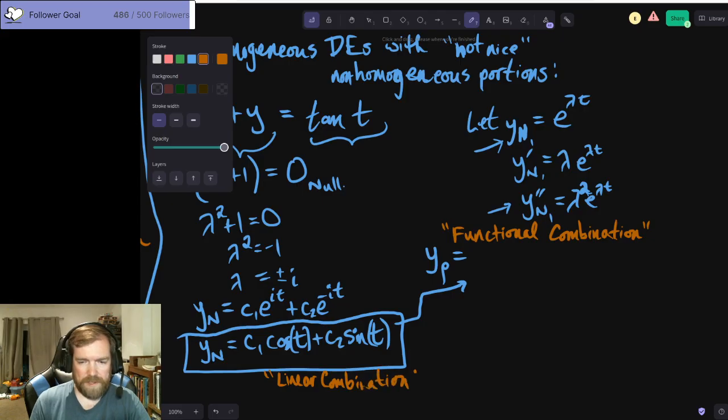All right, now that is an appropriate term. Functional combination is, like I said, just some Frankenstein term that I cobbled together. So I have no idea if it's actually appropriate, but yeah, why not?